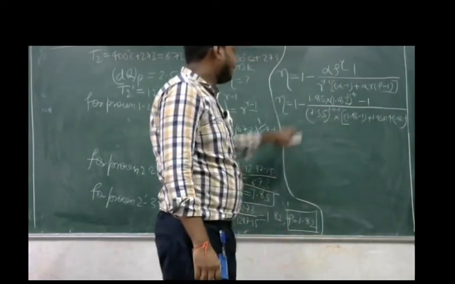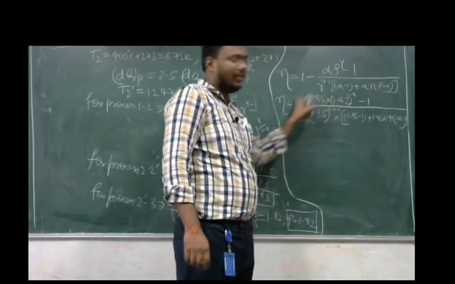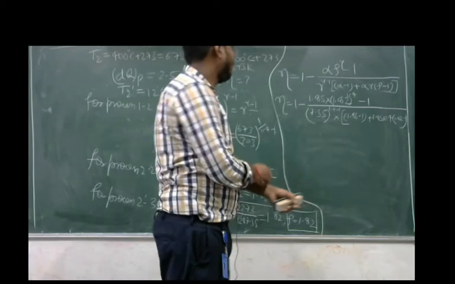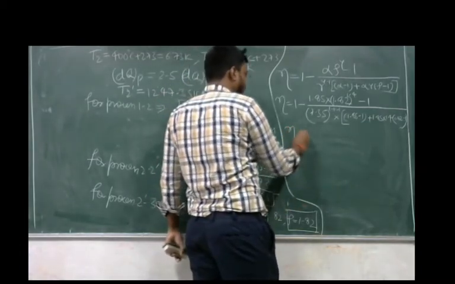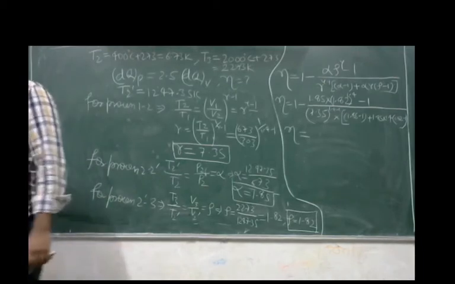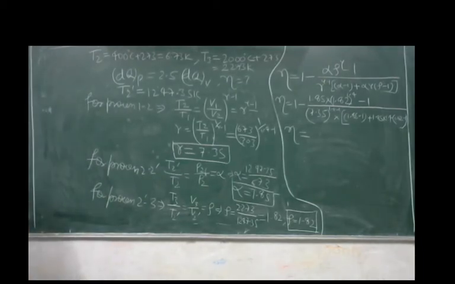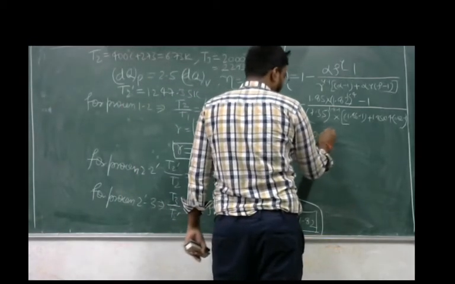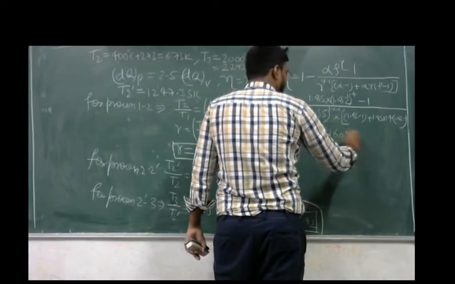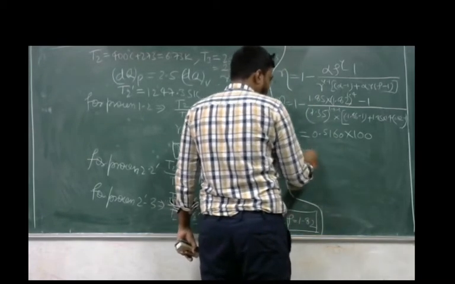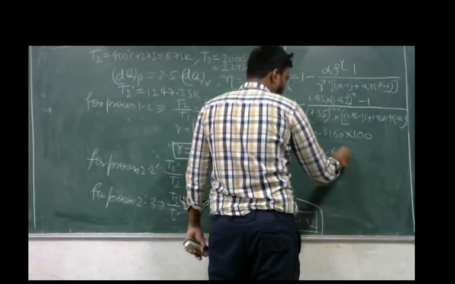So this is a long equation. You have to solve this by calculator. When you solve this equation, you will get the value of eta equal to 0.5160. Multiply by 100 because you want the efficiency in percentage. So we will get 51.6%.